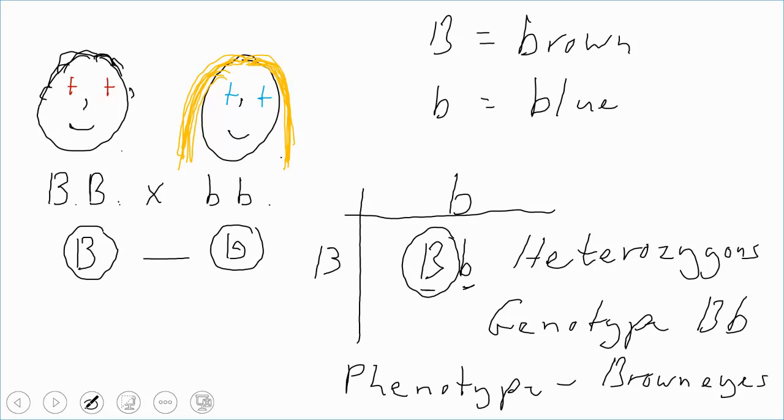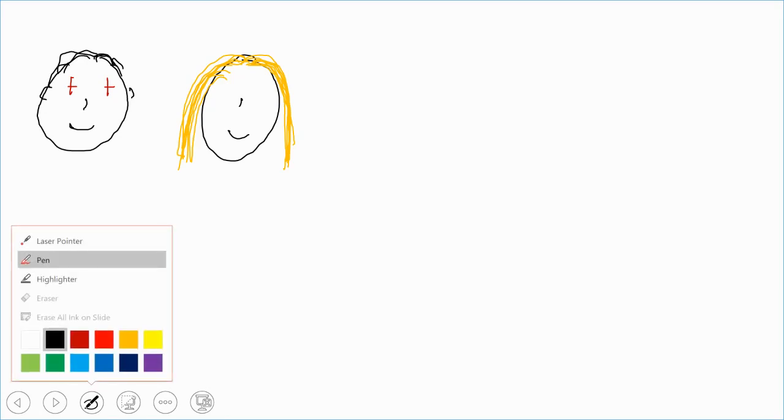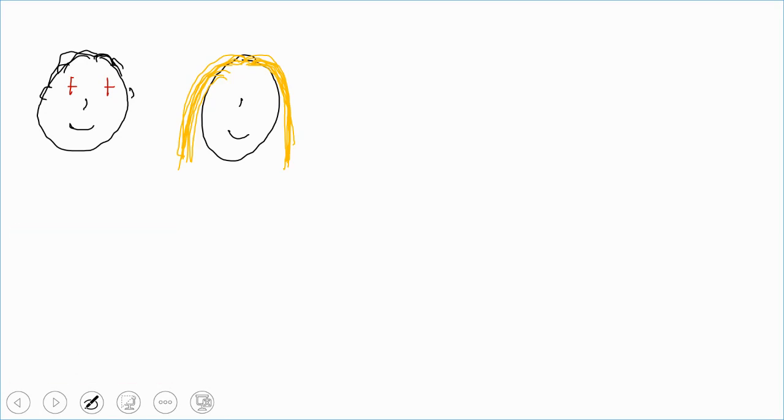Now, there is, however, a different setup which can happen. We said that this man is homozygous dominant for brown eyes. He might have brown eyes, but actually be heterozygous. Let's see how that works. This time, same again, the man has brown eyes and the woman again has blue eyes.